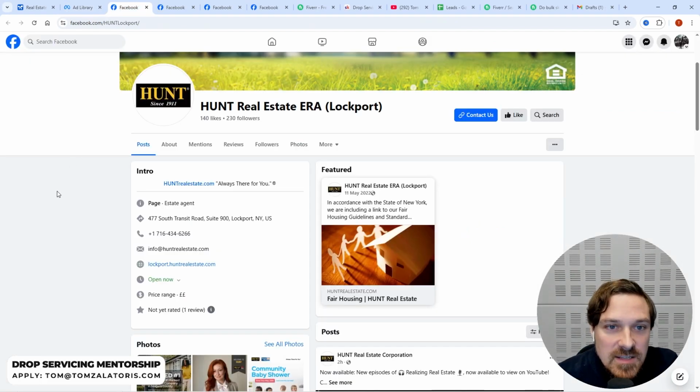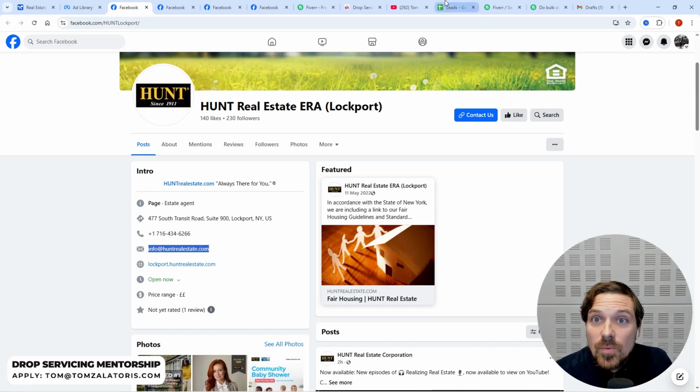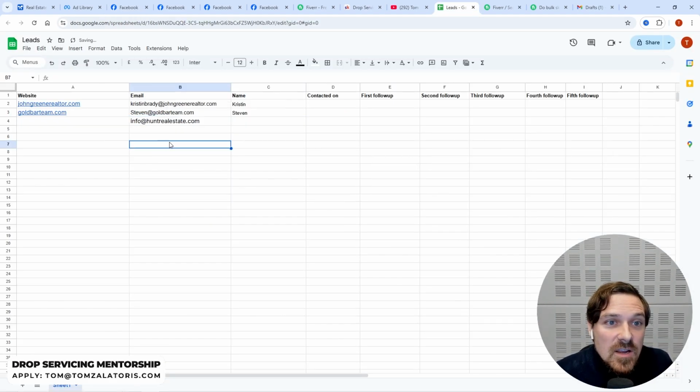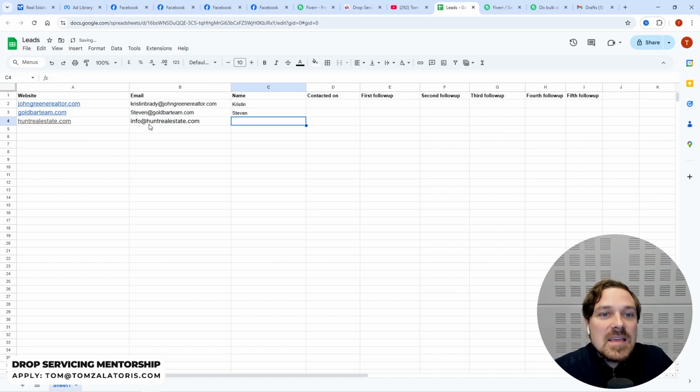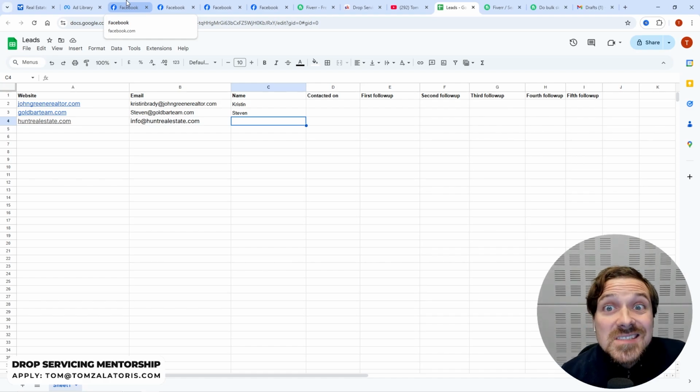Look at this one, Hunt Real Estate Era, okay? So they essentially have an email there. So what we're going to do is go on here. This looks like it's a real estate agency, okay? Because of the info at email. So it's not specifically an individual agent, it's more like a real estate agency, which is still good.